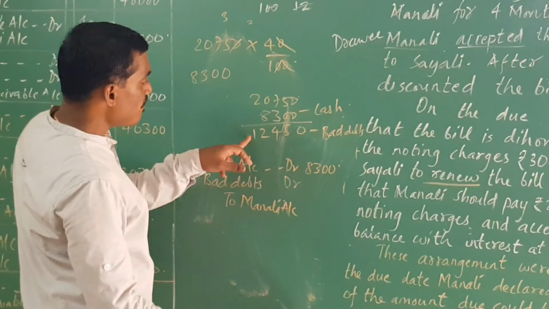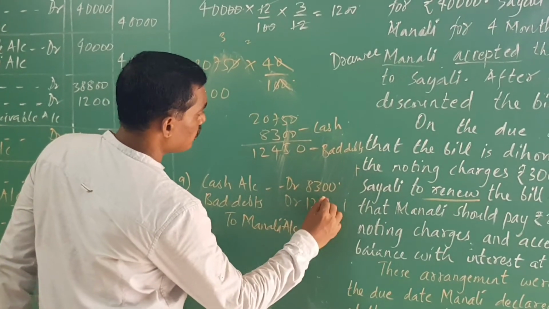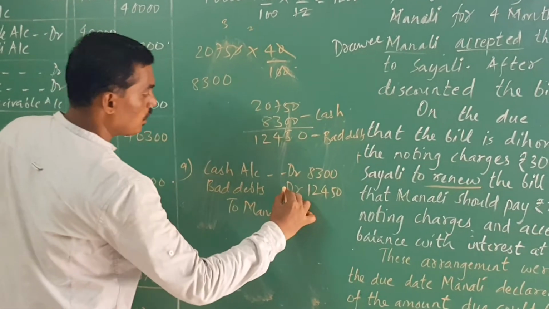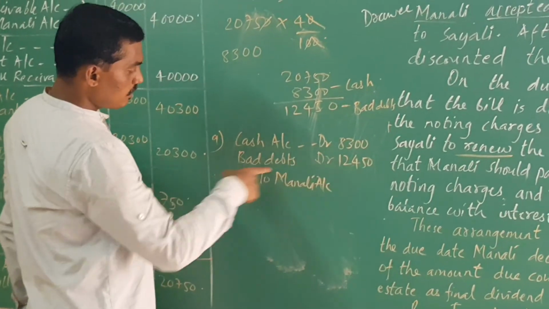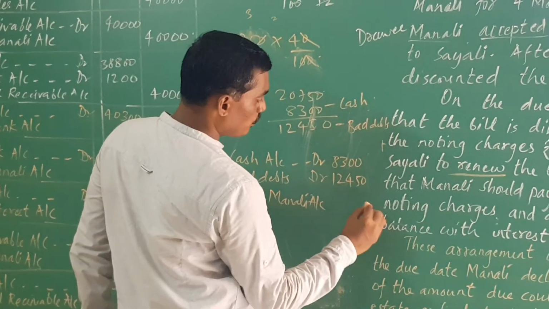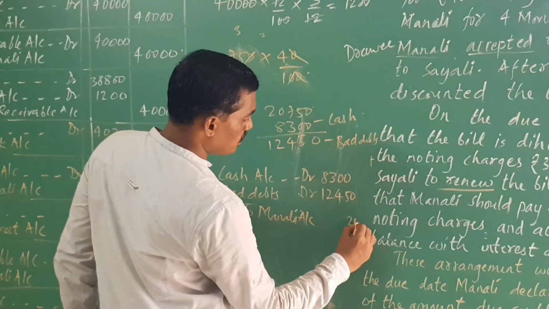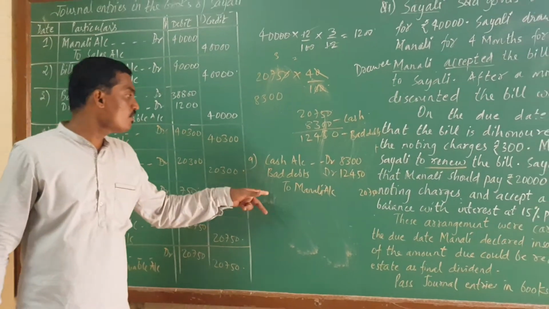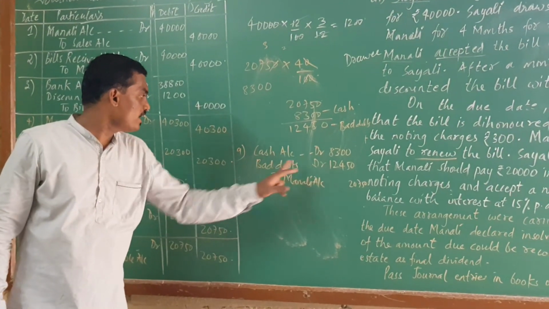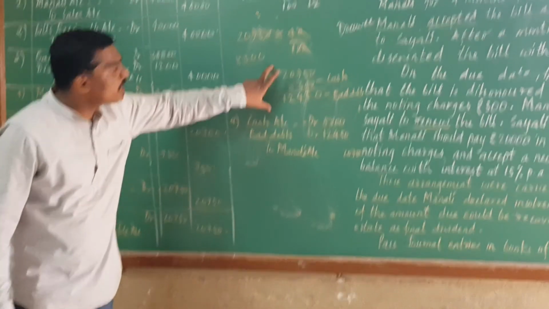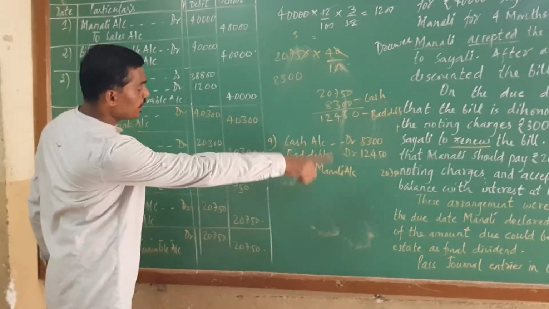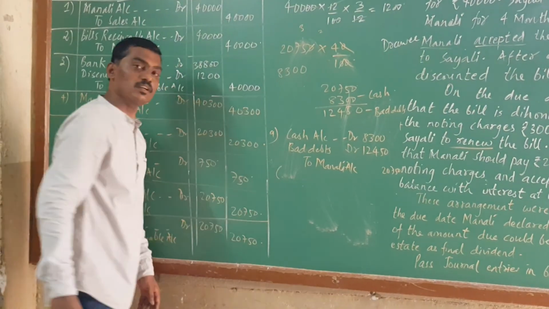And the bad debts are 12,450. From Manali we have to receive 20,750. So this is the entry for final settlement: cash account debit, bad debts account debit to Manali account. This is the calculation of final settlement at 40%. Narration: being final settlement received.